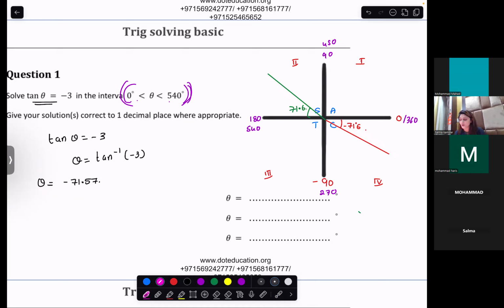We will start in the clockwise direction now. I'm starting from here. I want you all to start along with me. I'm going in the clockwise direction. I am hitting the place where my tan is going to be 71.6. Is this the first angle after 71.6?